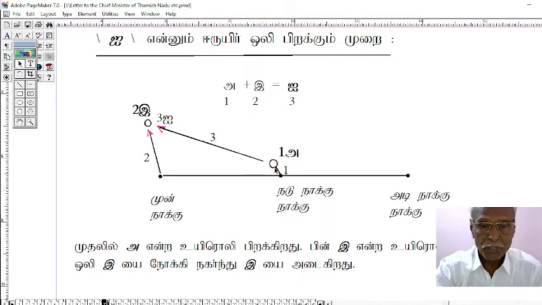Then A and E combine themselves, forming the diphthong I. A plus E, I. Thus, this is the way how the diphthong I is formed.